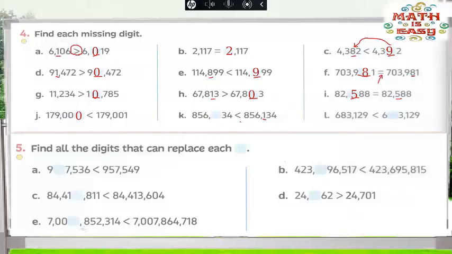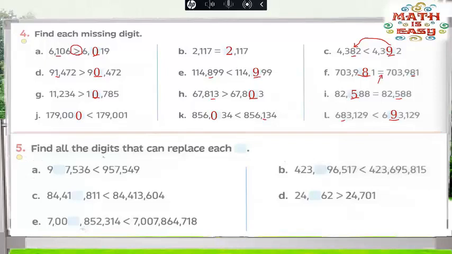He wants you to write a number less than 1. 0. And last one in this question, we have 6, 8. 8 in the 10,000 place, but here nothing. 8 is less than this number. So the missing number is more than 8. 9 is more than 8.